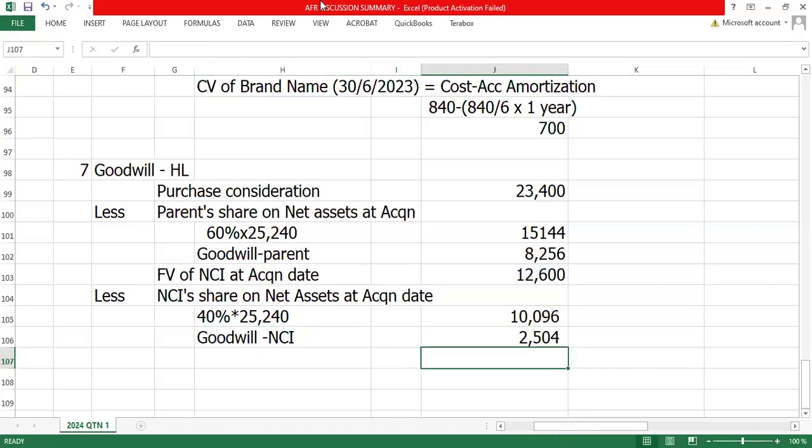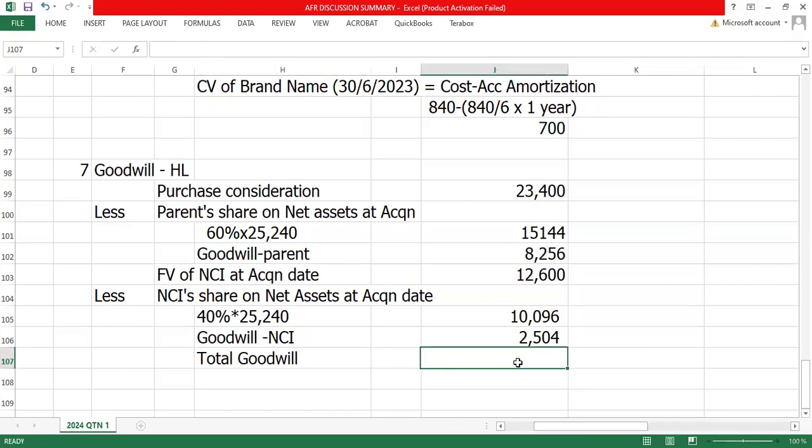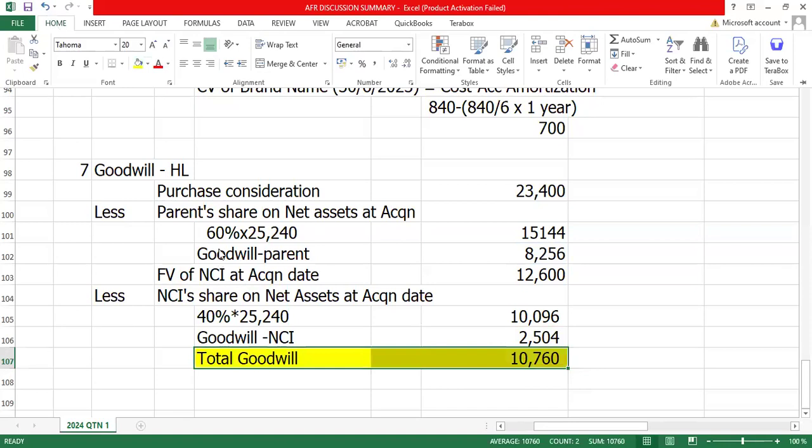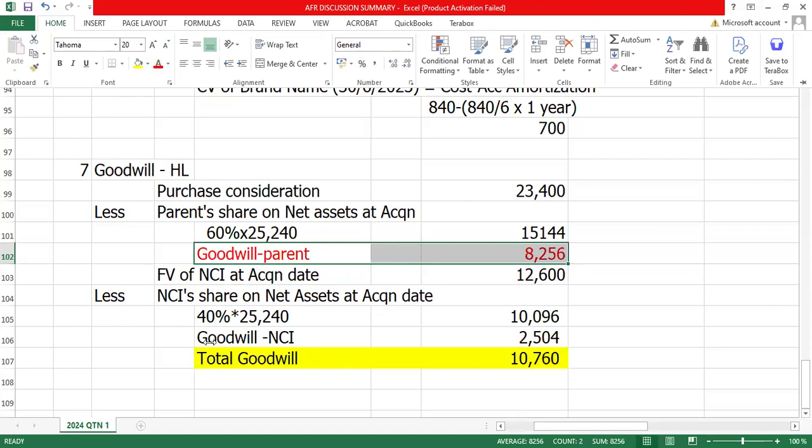If it is positive, it means that the NCI has a share on impairment. So for total goodwill, you add the goodwill of the parent plus the goodwill of the NCI. That's what I have as my total goodwill.